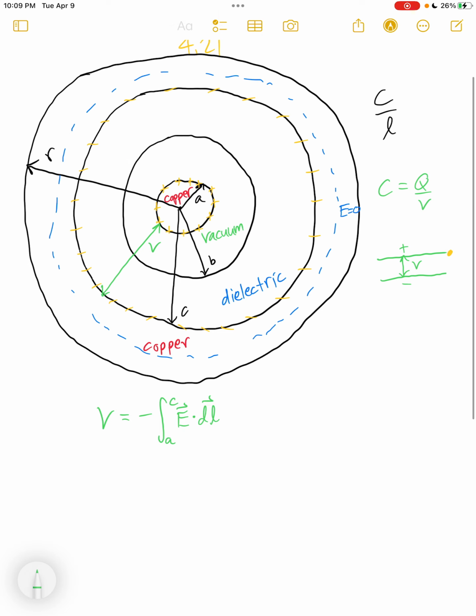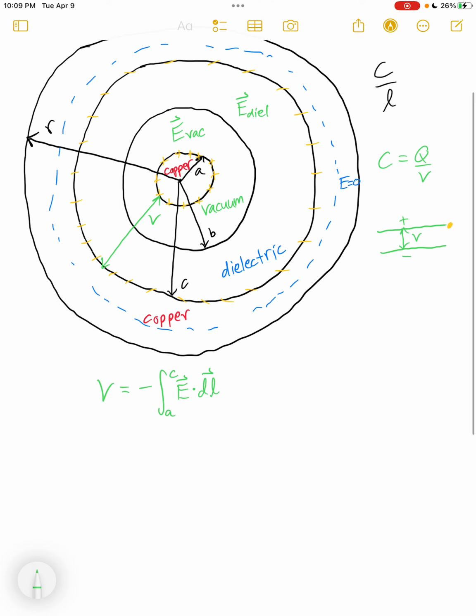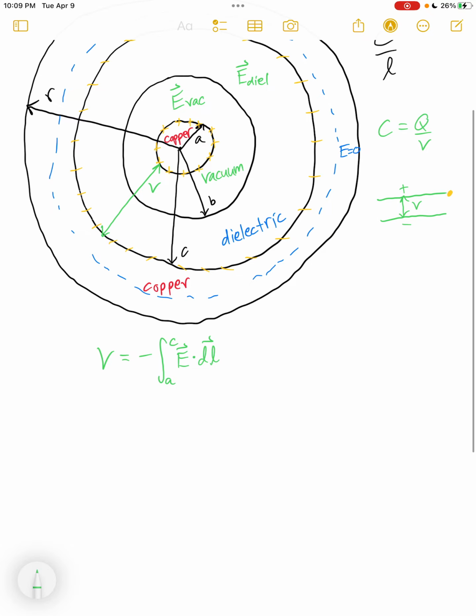To do this, we really need the electric field in two regions: the electric field in the vacuum region, and the electric field within the dielectric material. Okay. So first, let's find the electric field in the vacuum region. Okay?